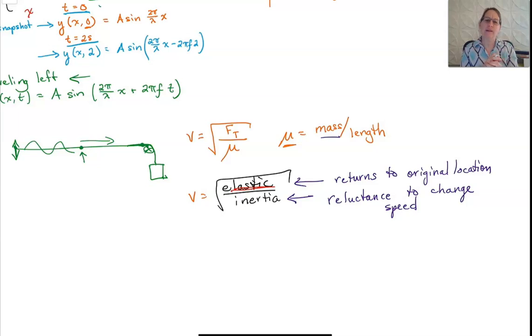So as the mass of your gas goes up, for an ideal gas, your speed goes down. And in solids, it also depends on something called the bulk modulus, which has to do with its compressibility, really. So all of these things tell us about the speed of a wave in the medium. Hopefully that makes sense: it depends on how quickly something springs back and how heavy it is, how hard it is to change the speed.